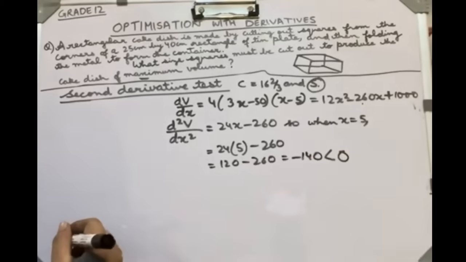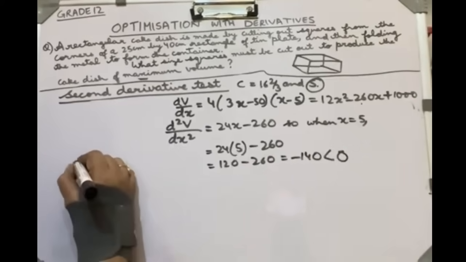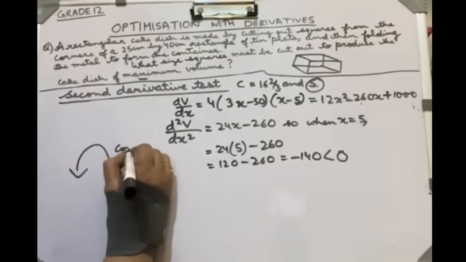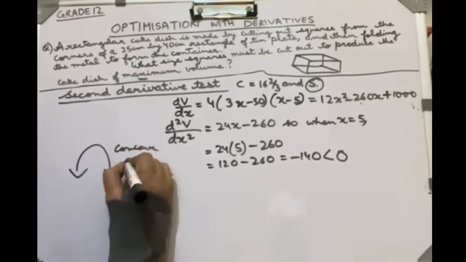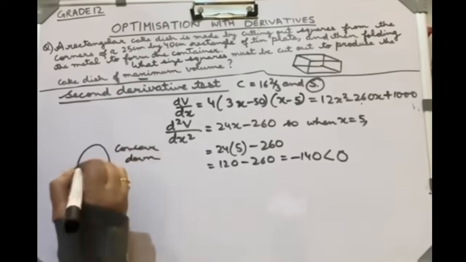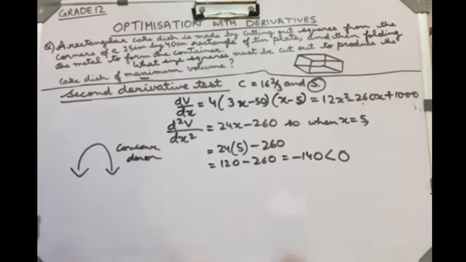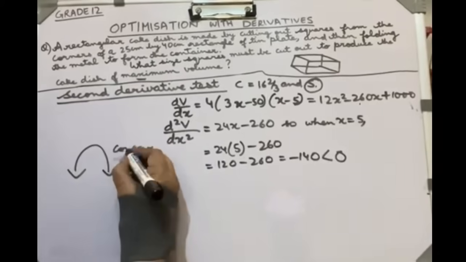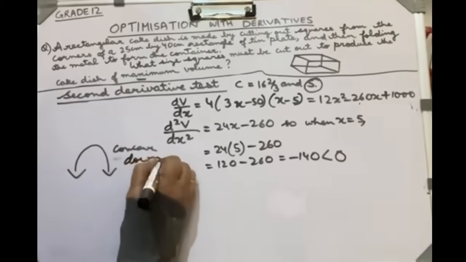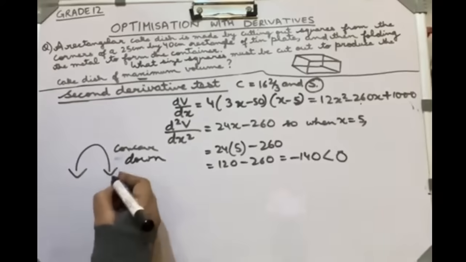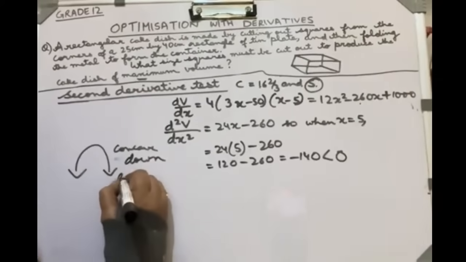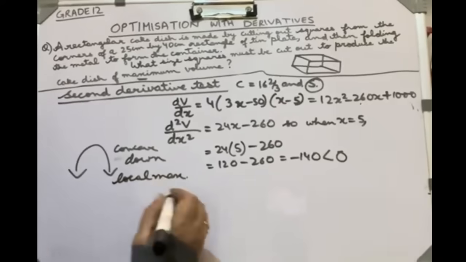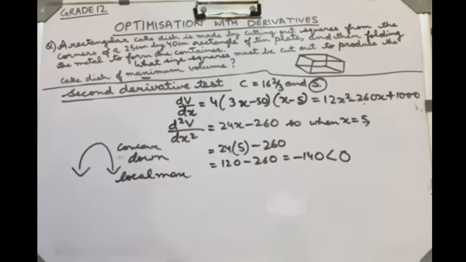So the shape of the curve is concave down, and we have a local maximum, because the value is less than 0.